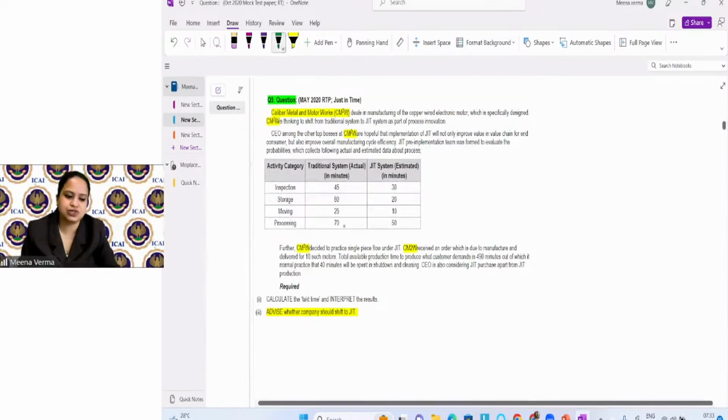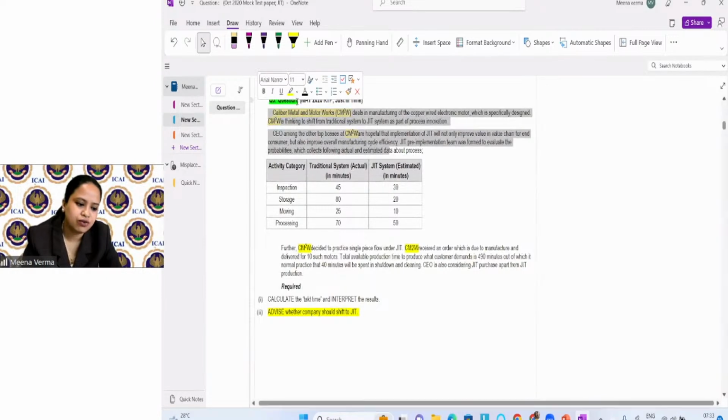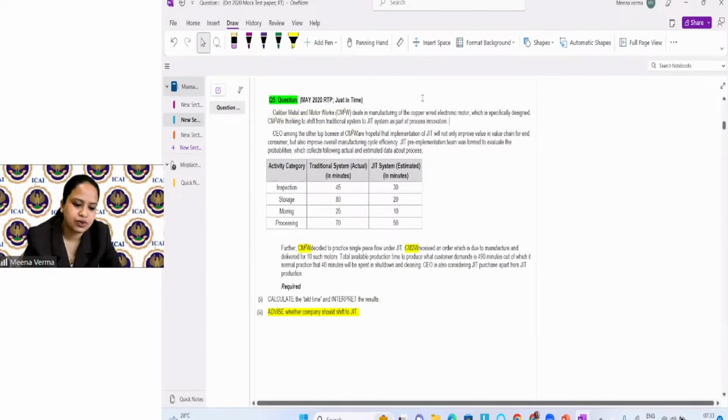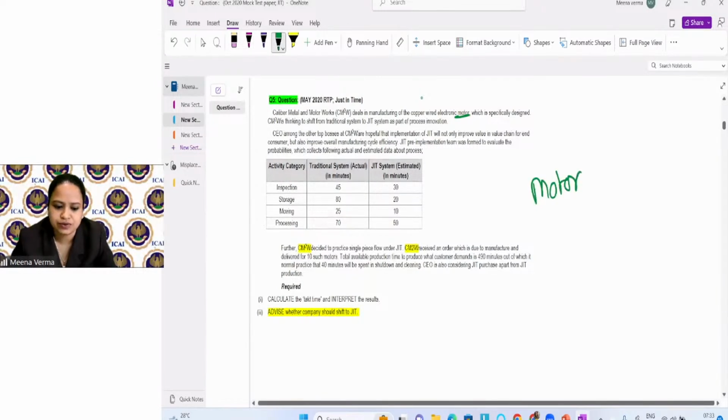Okay, this is the question. Caliber Meter and Motor Works deal in manufacturing of corporate wired electronic motors. So they are actually manufacturing motors here, which are specifically designed.